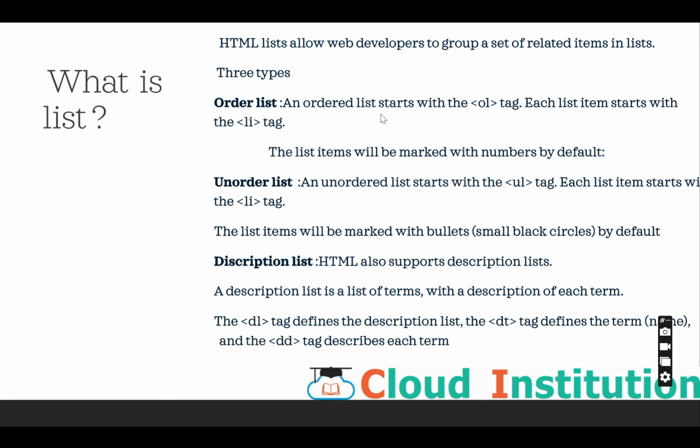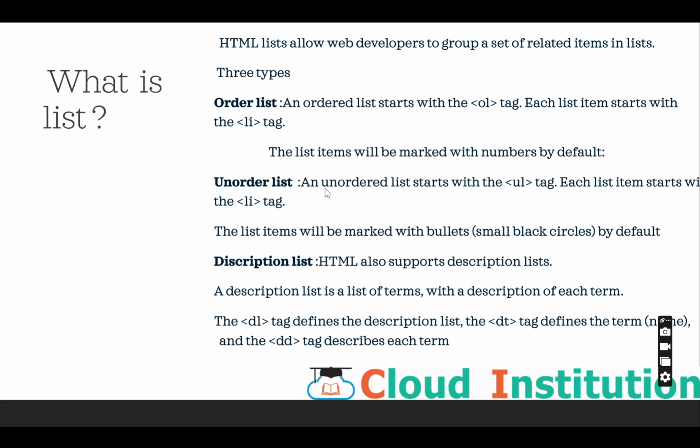The ordered list by default starts from 1, 2, 3 like this. The list items will be marked with numbers by default.